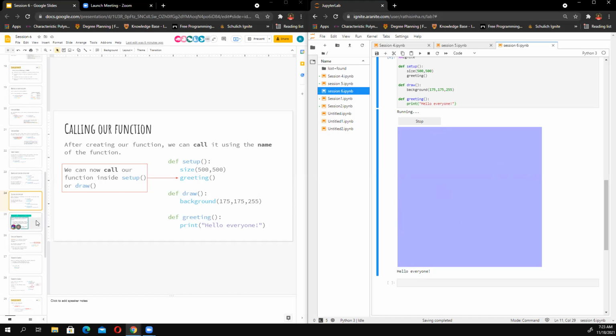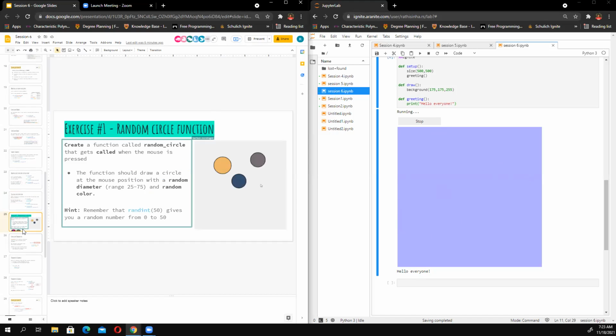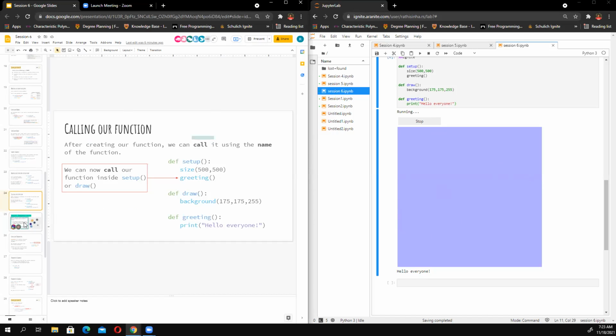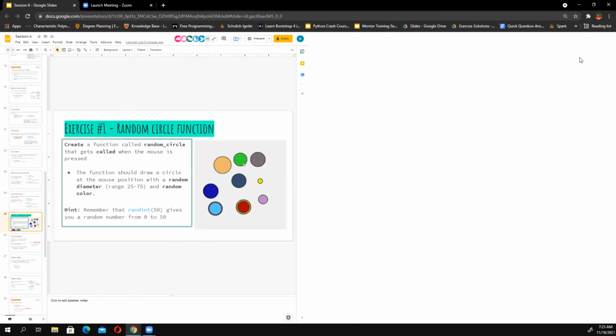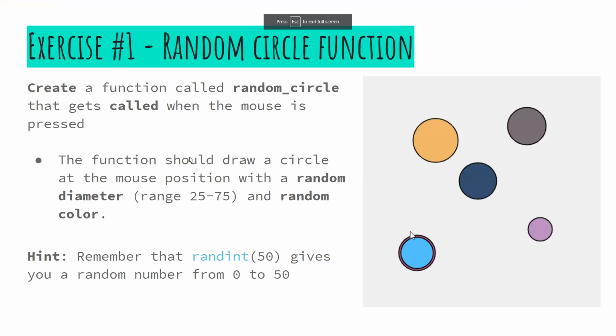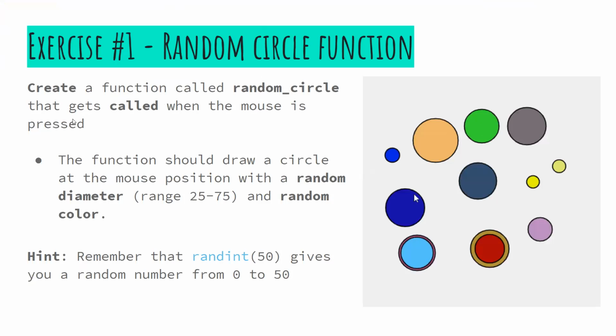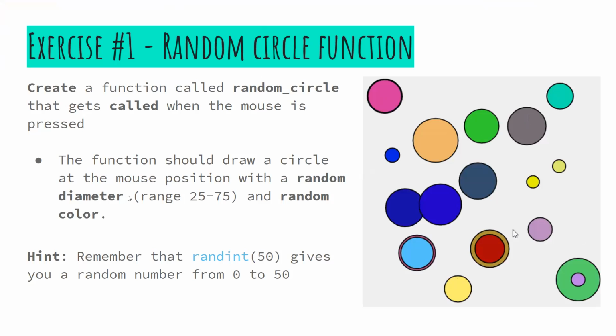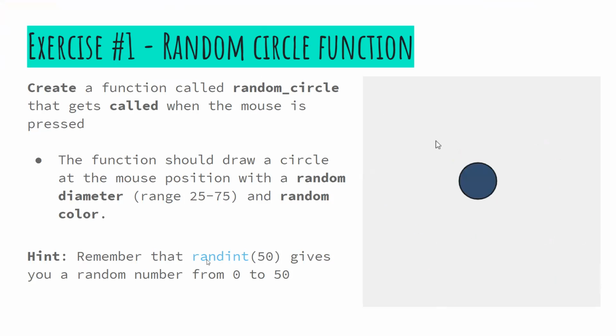So this is the first exercise for you guys today. Create a function called random_circle that gets called when the mouse is pressed. The function should draw a circle at the mouse position with a random diameter and a random color. We've learned about all this stuff in the previous slides.